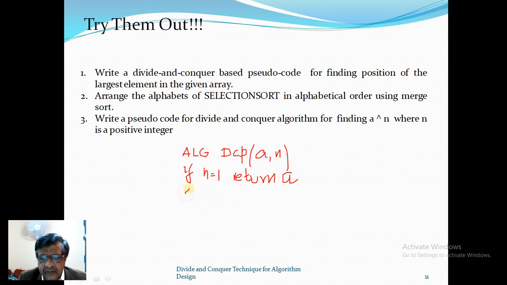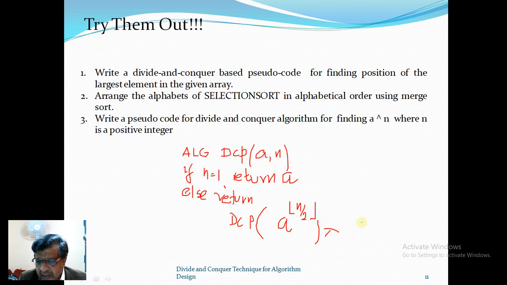Else return the product of DCP of a to the power of floor of n by 2, into DCP of a to the power of ceiling of n by 2.